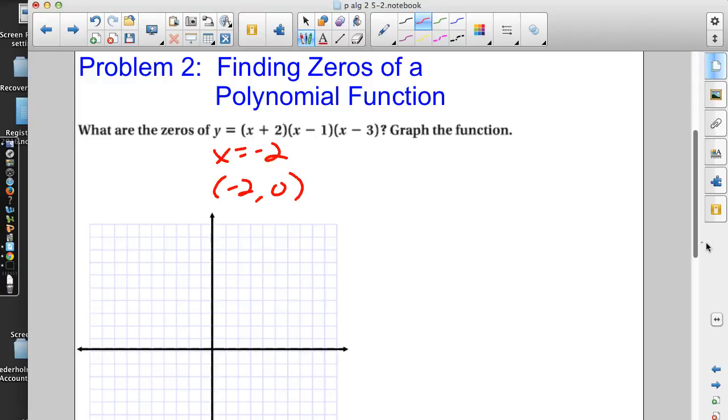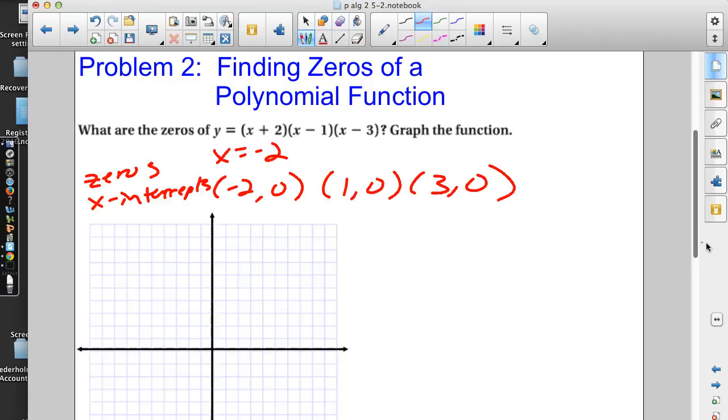So from now on, when we write our zeros, we're going to write those as x-intercepts. Make sure we give it as a point where it's going to cross that axis, because this is talking about graphing. You want to know the points where this is going to cross: (1, 0) and (3, 0).